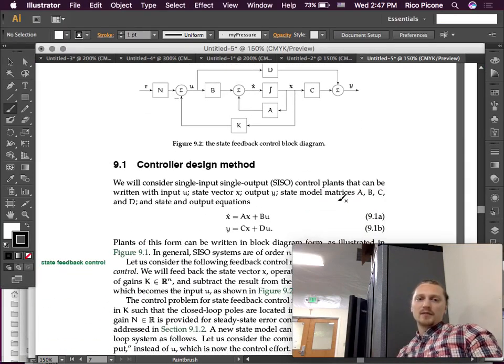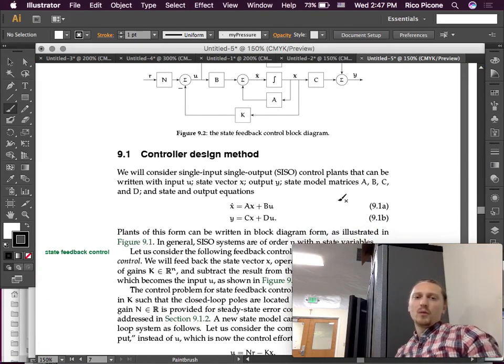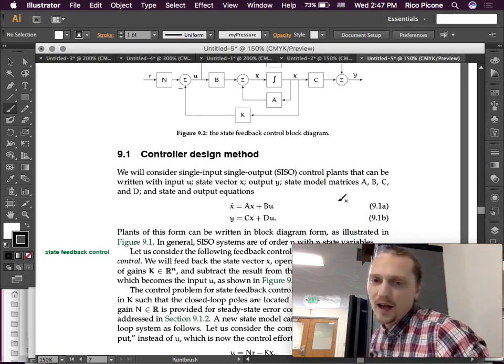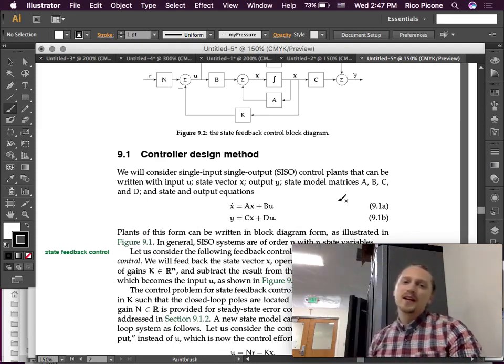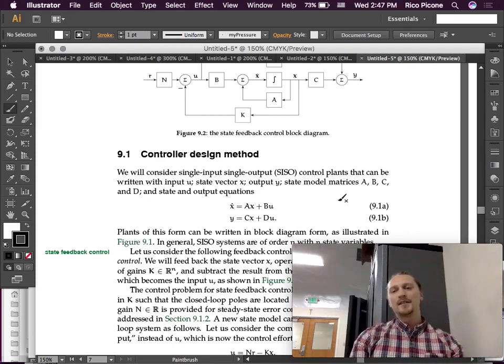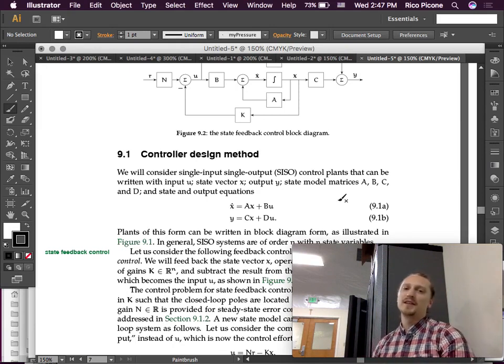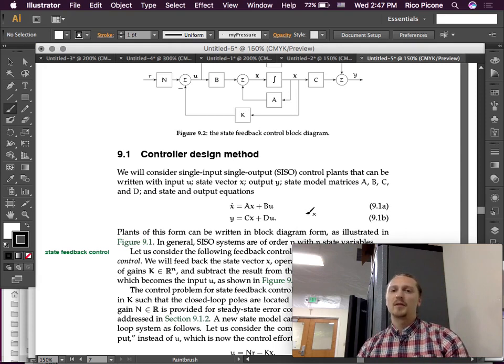All right, so we will consider single input, single output control plants. It can be written with input U, state vector X, output Y, state model matrices A, B, C, and D, and these are our state and output equations.